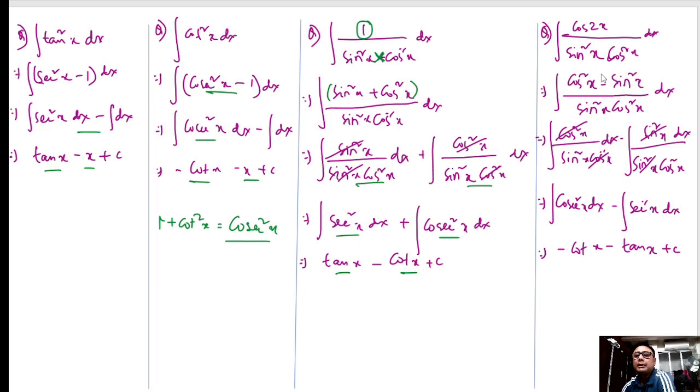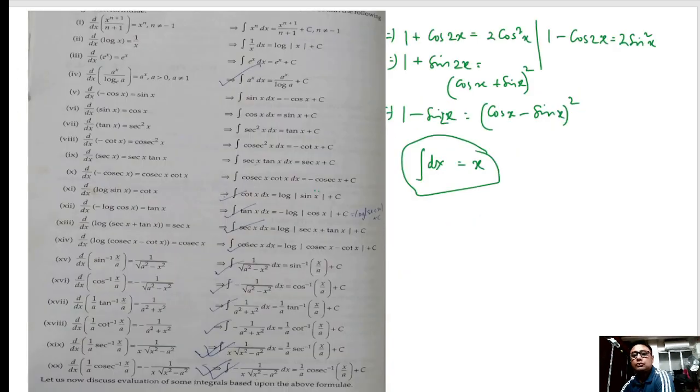Cos 2x can be written as, please note one thing again, let me show you in that formula. Cos 2x, another formula: cos 2x can also be written as cos square x minus sine square x.